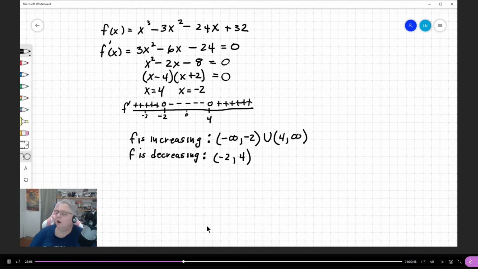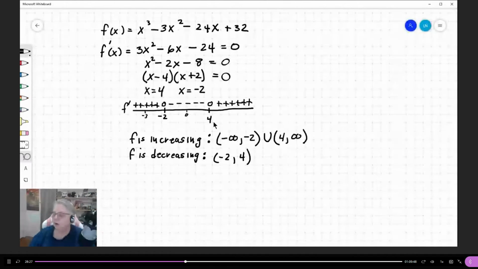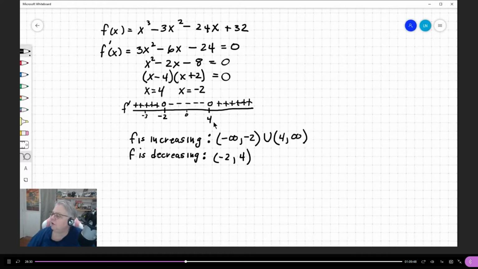All right, so I have a rough idea of the shape of this. Now let's talk about these critical values for a minute, because those critical values are where possible relative extreme points could occur. If I go back to what I had written up top, if the function changes from increasing to decreasing, think about that. The function is going up here and it's going down here.